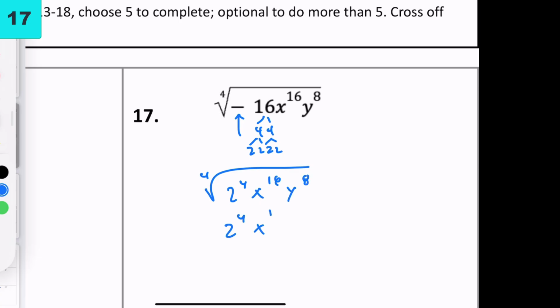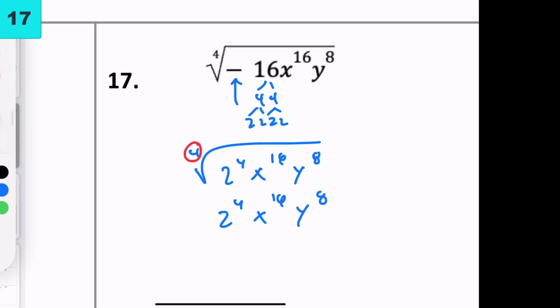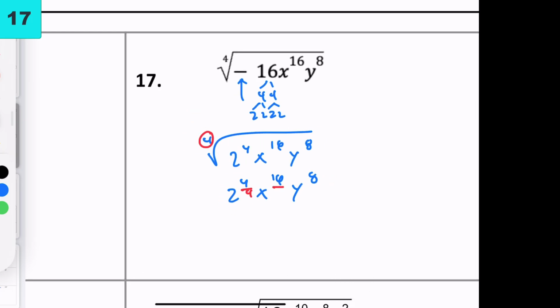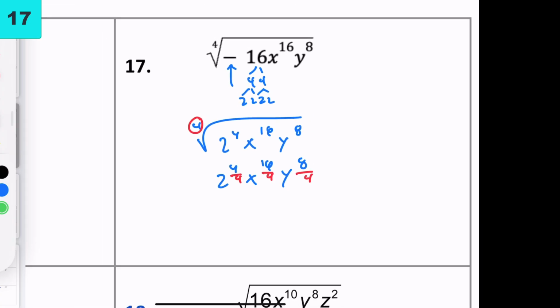Okay, let's rewrite all of those now as a rational exponent. Again, that just means that 4 is going to go on the denominator, and then we're going to simplify these. So that becomes 2 to the 1st, x to the 4th, and then y to the 4th.